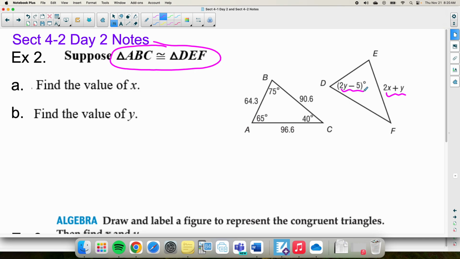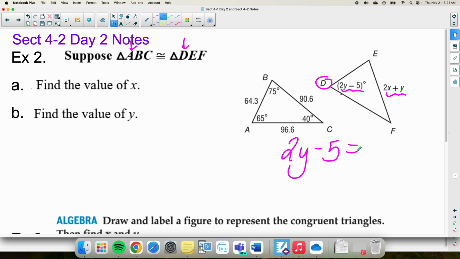Now, this has a degree measure by it, so it's angle D. This congruent statement tells us what angles are equal to each other. If D comes first in this congruence part, that means it's congruent to A, which comes first there. So angle D, which is 2y minus 5, is going to equal angle A, which is 65.